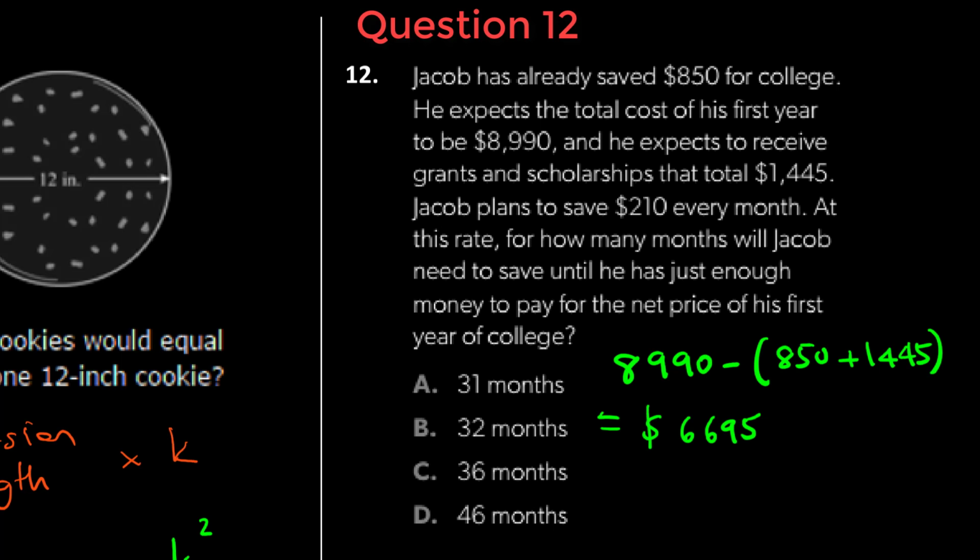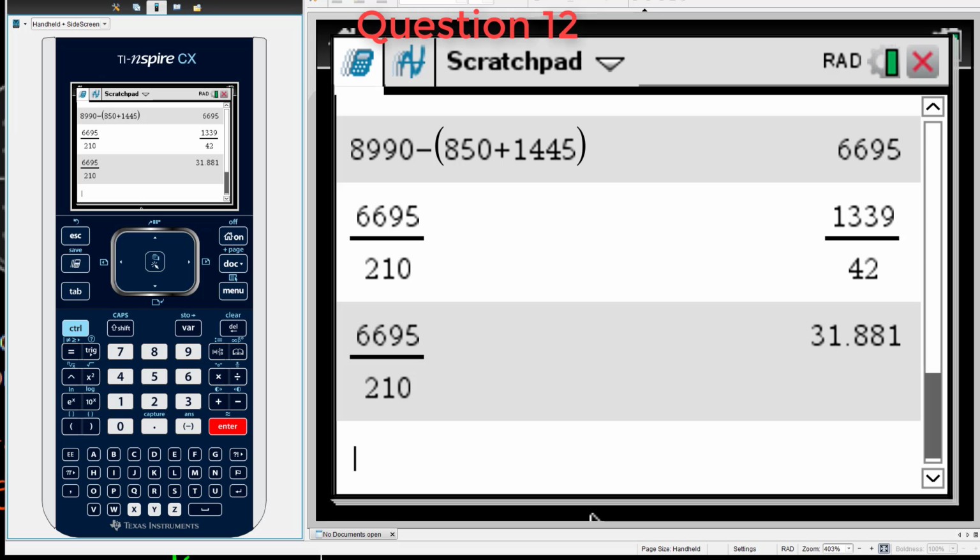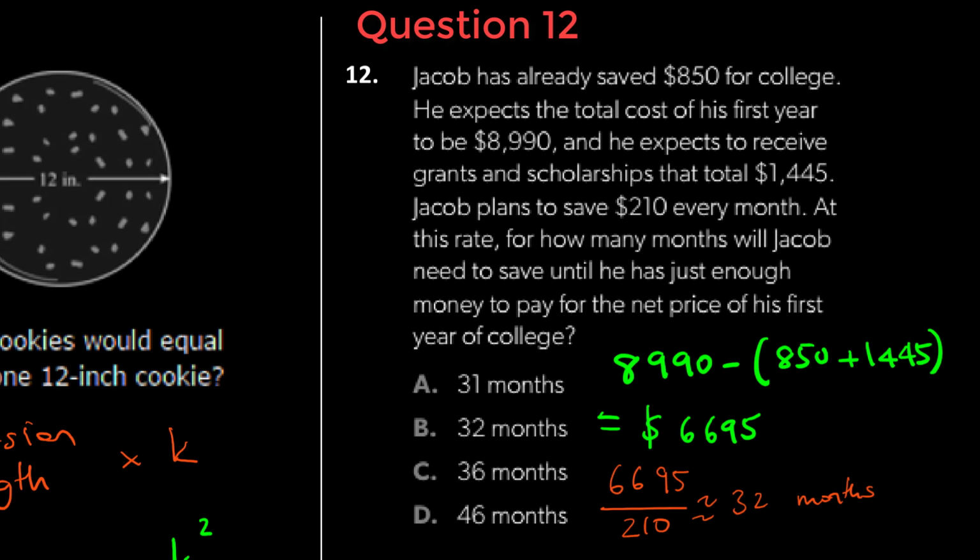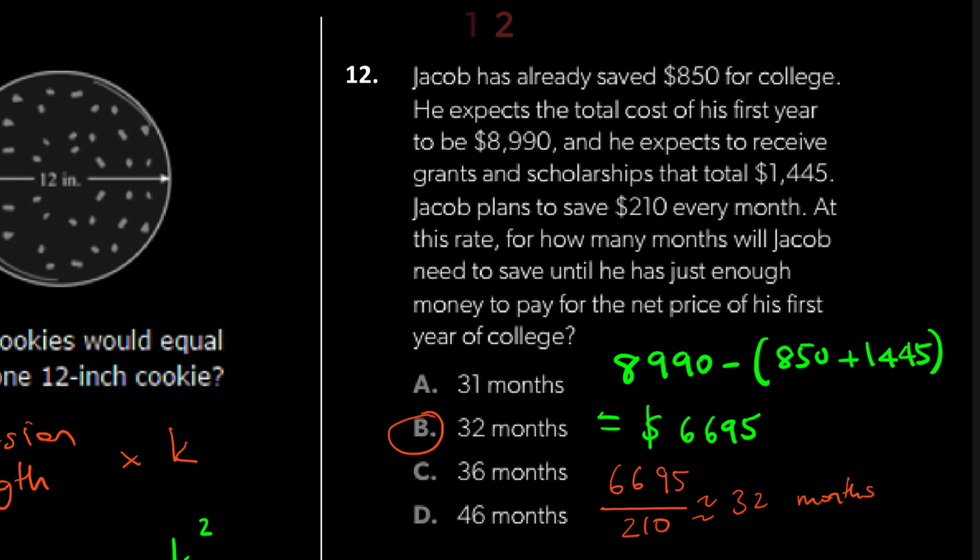Since he will save $210 every month, to find the number of months that he needs to save, we are going to divide the $6,695 by the amount that he will save every month. By dividing, we got about 32 months. So the correct answer is B.